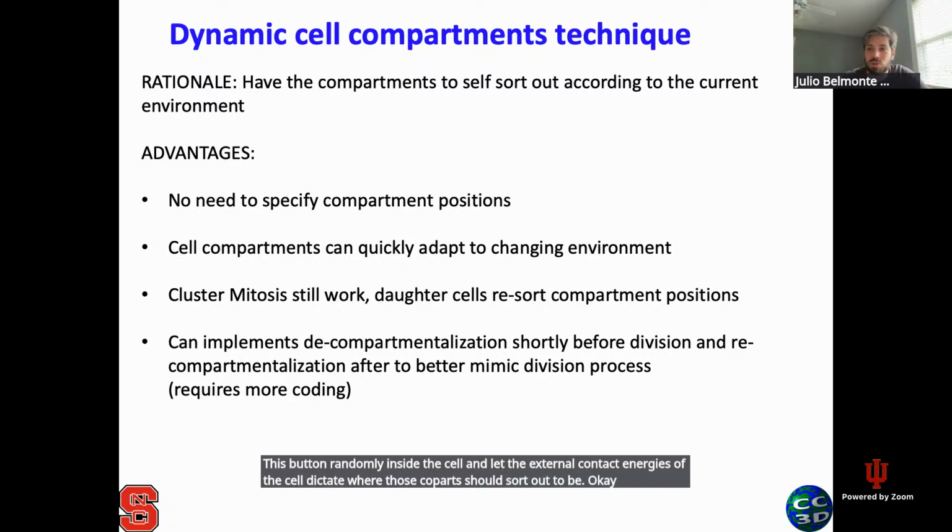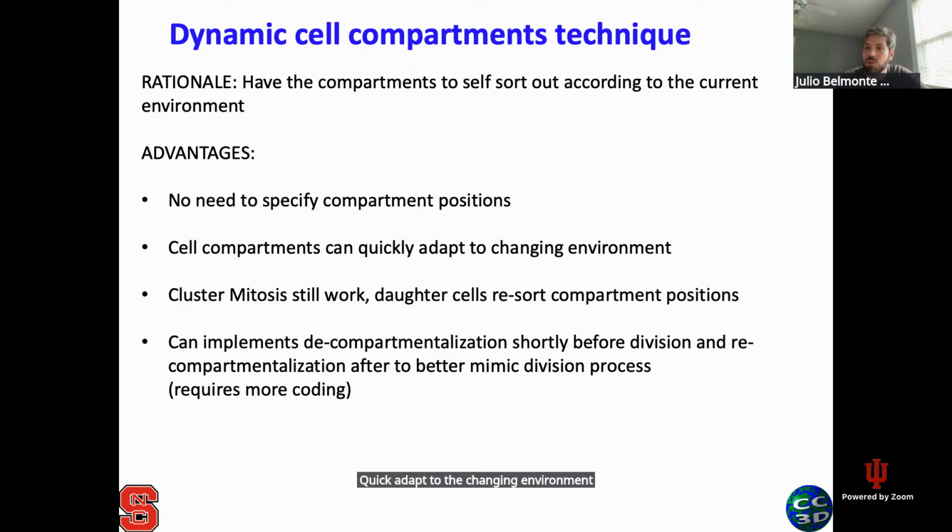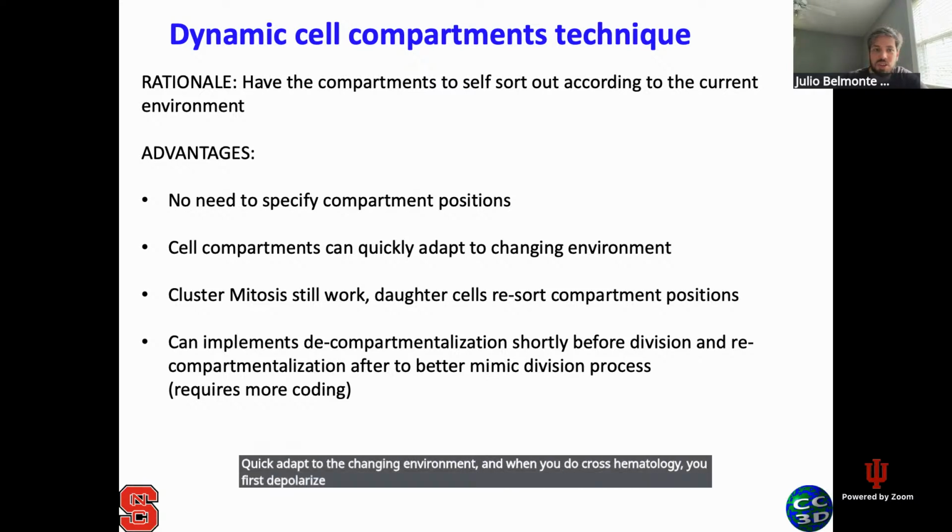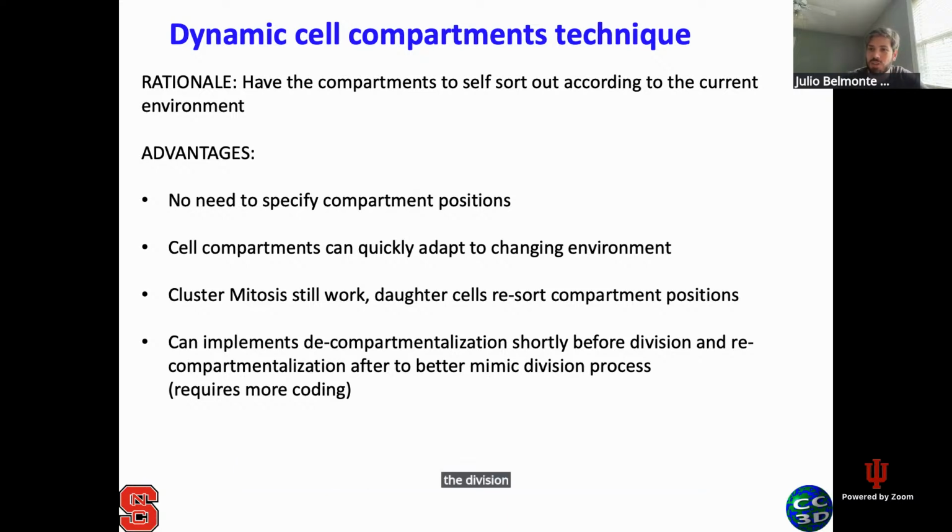Okay. So the advantage of that is that there is no need to specify positions. The cells can quickly adapt to the changing environment. And when you do cluster mitosis, you first depolarize the cell, add the division, and then let the compartments resort themselves according to the new position.